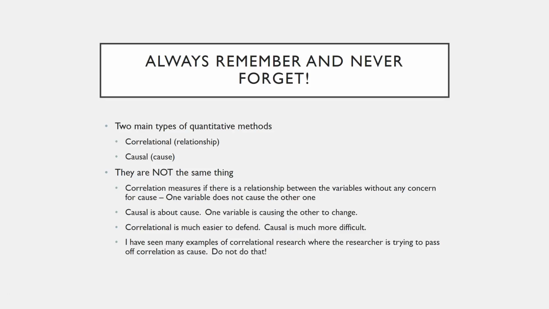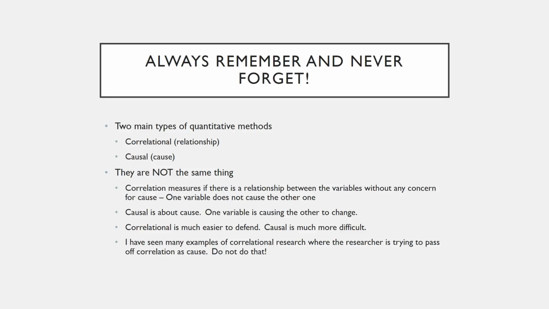Correlational measures if there is a relationship between the variables without any concern for cause. One variable does not cause the other one. Causal is about cause. One variable is actually causing the other one to change in a clear and predicted manner. Correlation is much easier to defend, and much easier to set up.